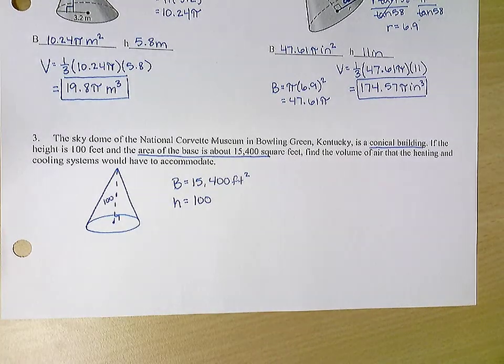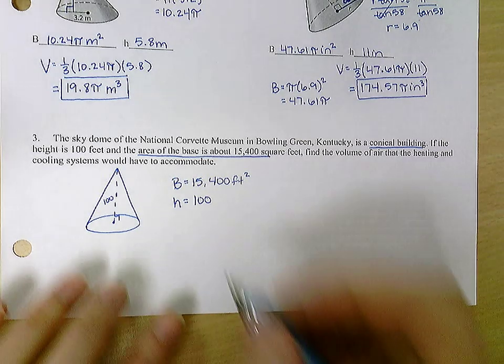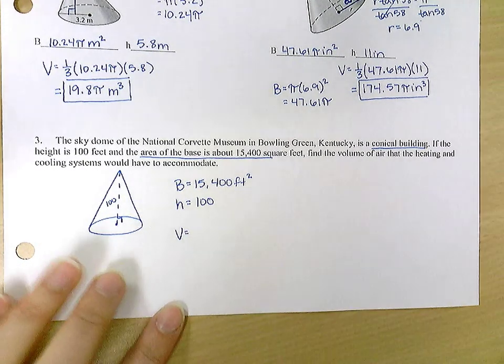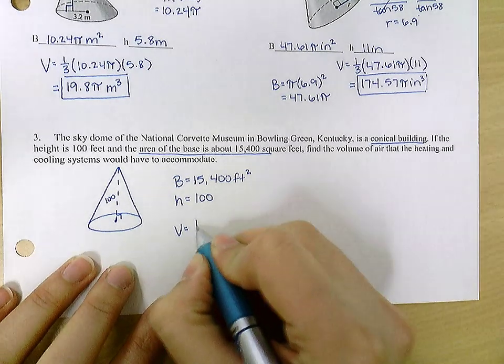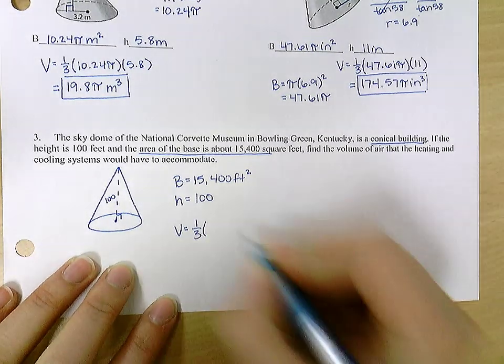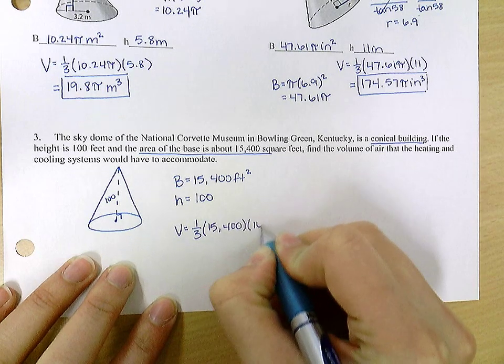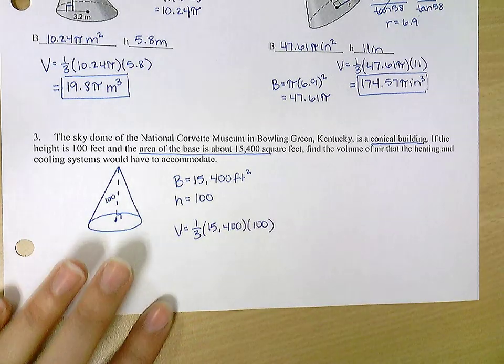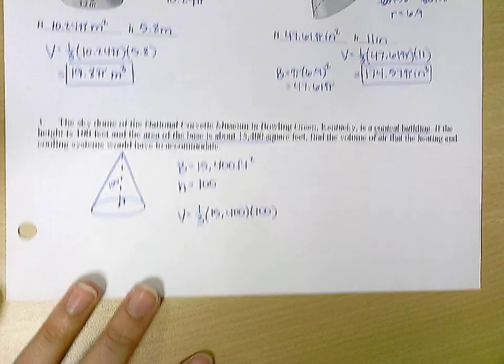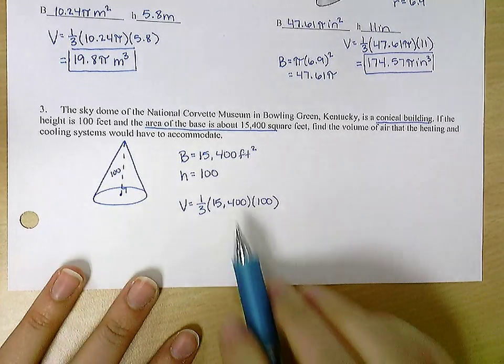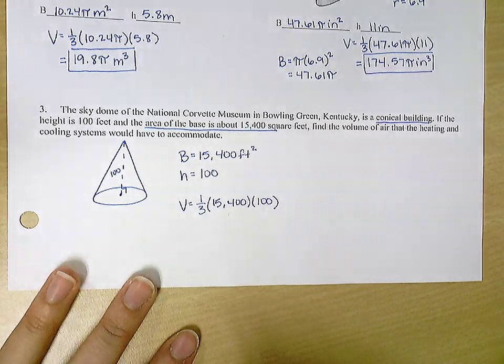So I have both B and H, so I can find the volume. Our volume again is 1/3 times B times H. So multiply and then divide by 3.